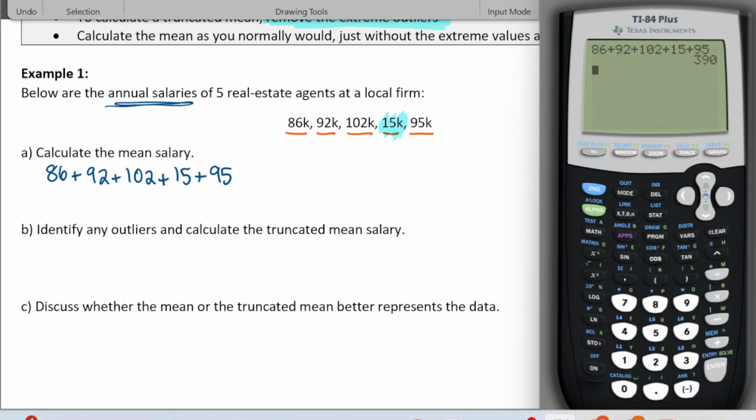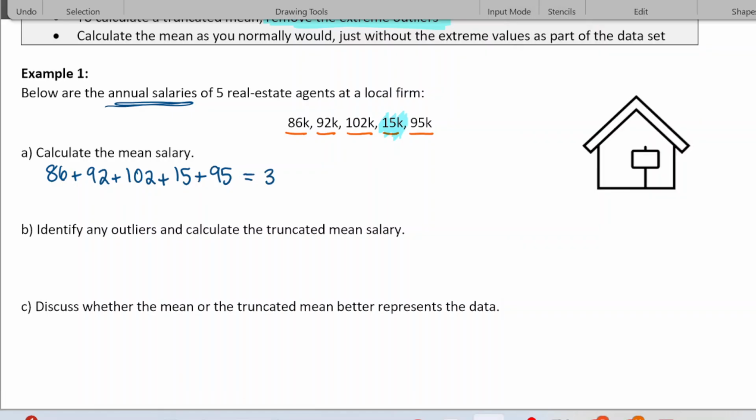I get 390. And I'm going to divide this by 5 because there are 5 people. And what did I get again? 78. So the average or the mean salary is $78,000.